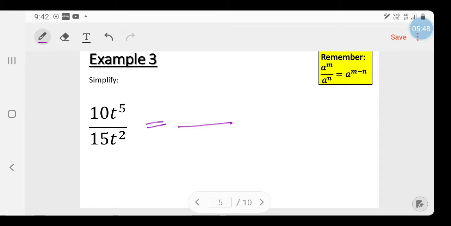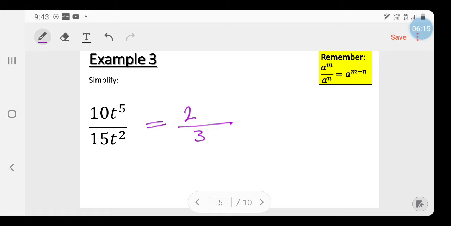In other words, the highest number that divides into both 10 and 15. Well, it's 5, isn't it? So, to simplify the number part of that fraction, 10 divided by 5 is 2. And 15 divided by 5 is 3. There we go. We've simplified the number part of the fraction.